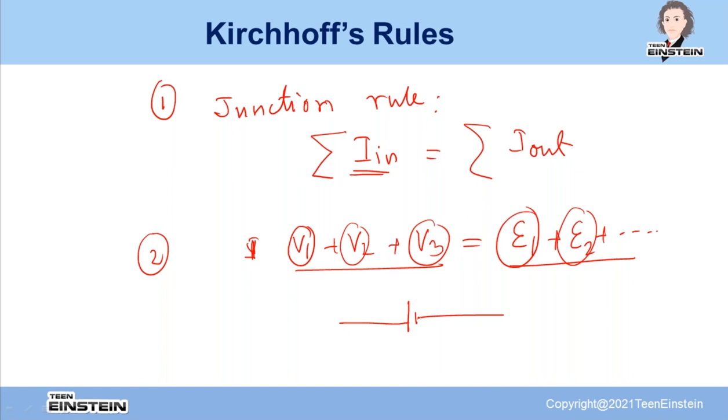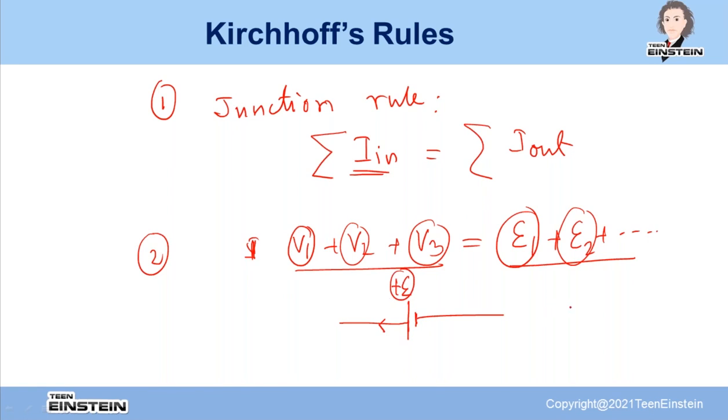But if the current is flowing out from the negative terminal of the battery, then this EMF has to be taken negative. We'll take up some examples and address all these things there.